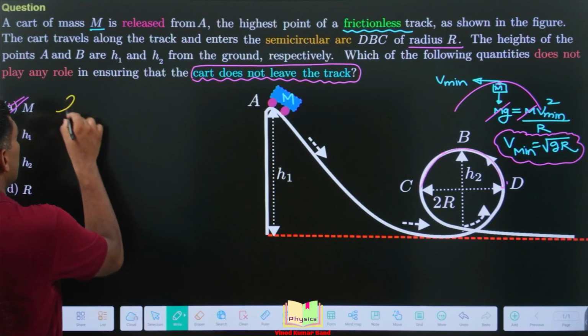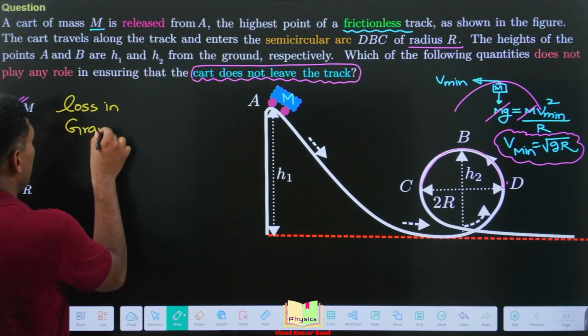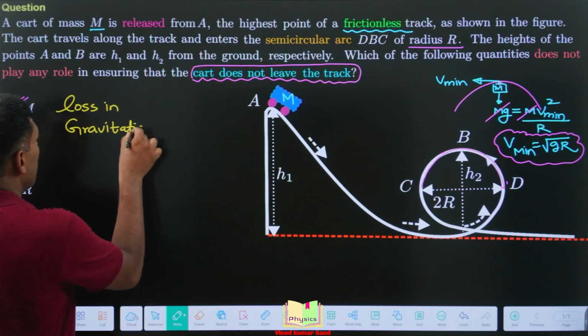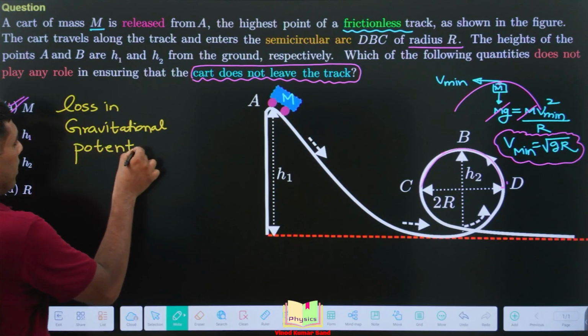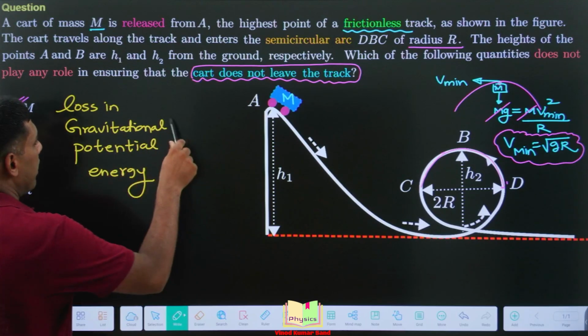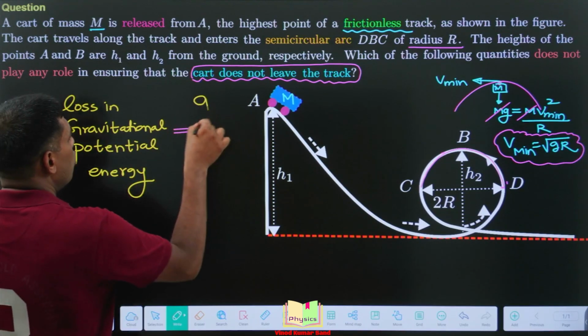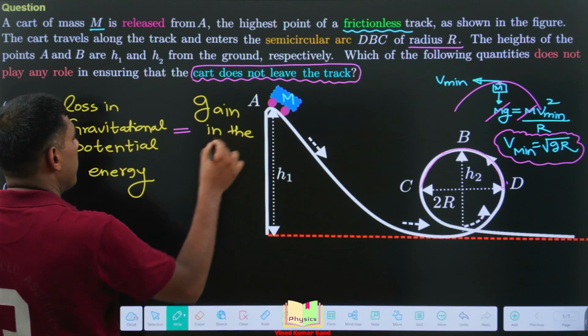What I mean to say, loss in gravitational potential energy should be equal to the gain in the kinetic energy.